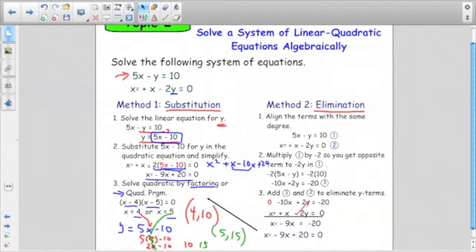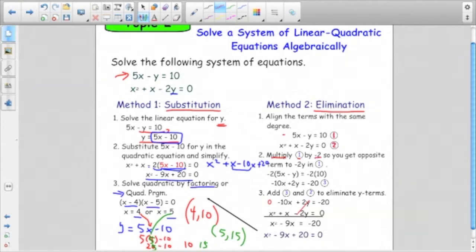All right. Now, when you do elimination, you have to call one system 1, the other system 2. Now, we want to eliminate the y because we want to just be left with the x's so we can solve. So I want to multiply the first system, this one right here, by negative 2. Why?